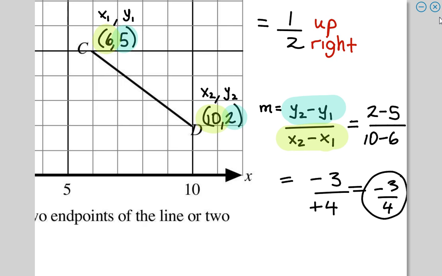So every time you have a point on this line, it'll always be 4 to the right and 3 down. 1, 2, 3, 4. 1, 2, 3. So the next point would be 4 over and 3 down on that line. It's a step ladder.